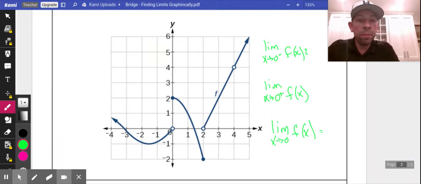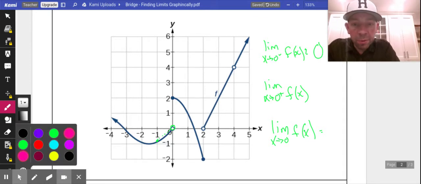Okay, so from the left-hand side, pretend, of course, here's 0 right here, so we jump to the left and walk a little closer to 0, and we're approaching a height of 0. But if I approach 0 from the right-hand side, I jump over here, and I walk a little closer, a little closer. Notice the corresponding x values are getting closer and closer to 0, and now we're approaching a height of 2.